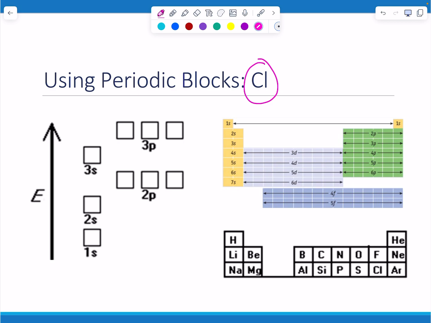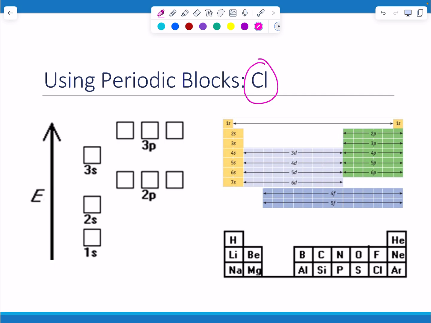All right. So remember that we can divide the periodic table into blocks. Those blocks will tell you the highest L number orbital, or the highest orbital shape, that gets filled with any electrons in that element.